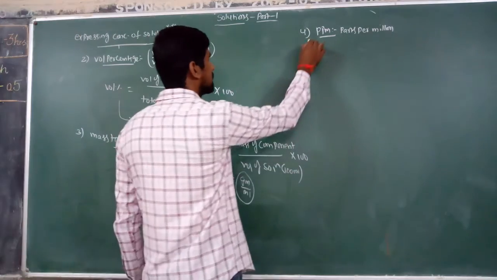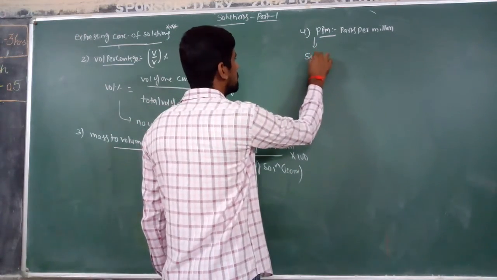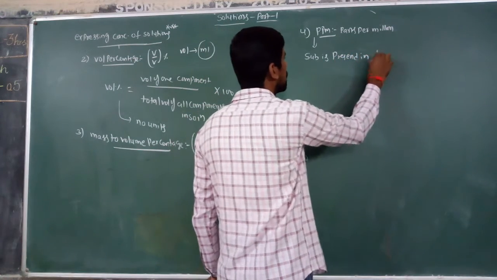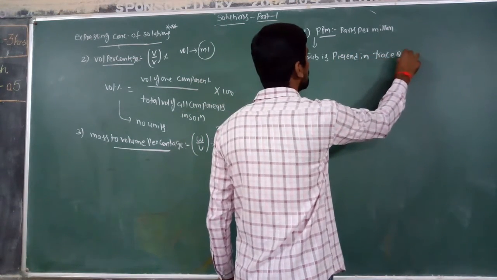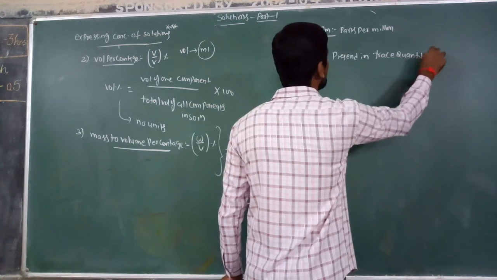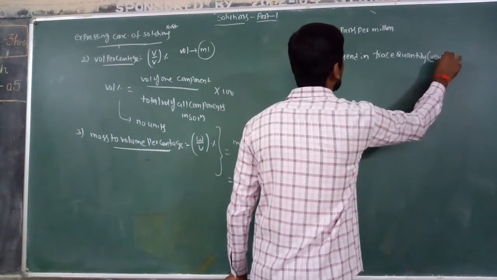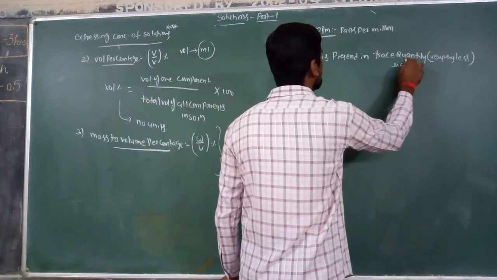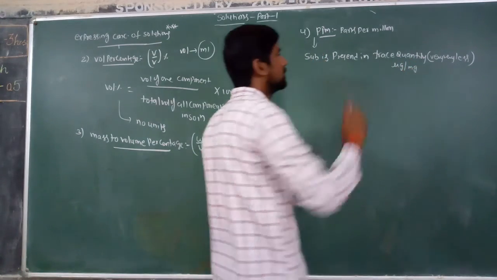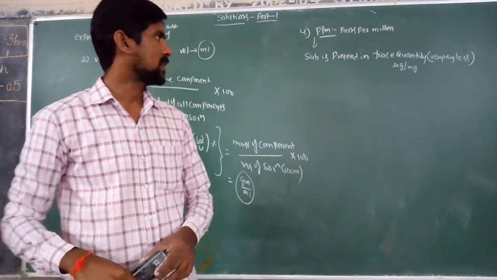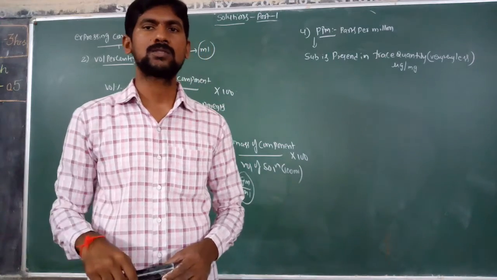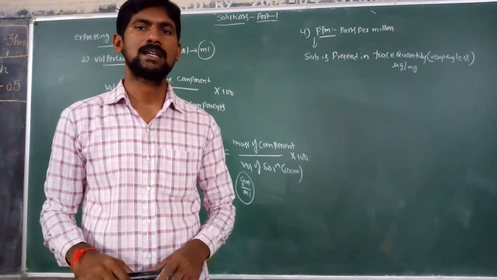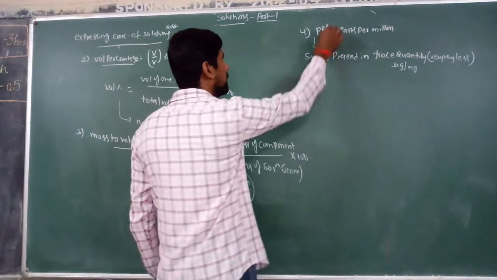So when we express concentration in ppm, the substance is present in trace quantity, in a very small quantity, micrograms or milligrams, in the given sample. Then we have to express the concentration of the sample in ppm.